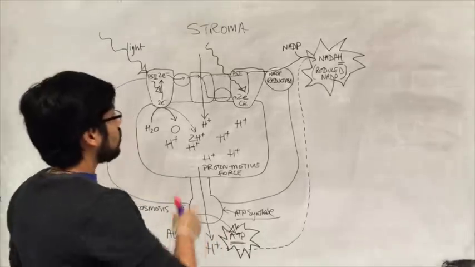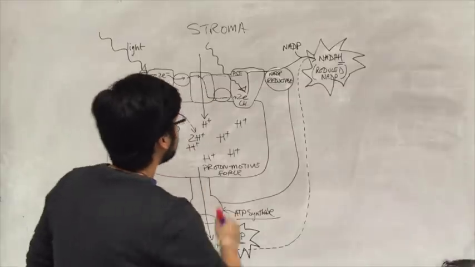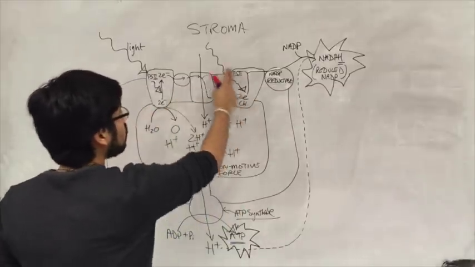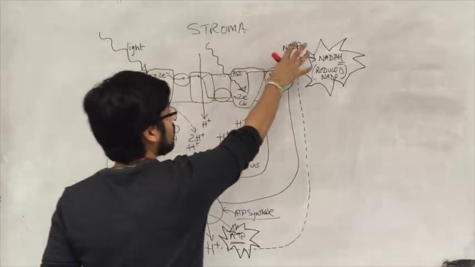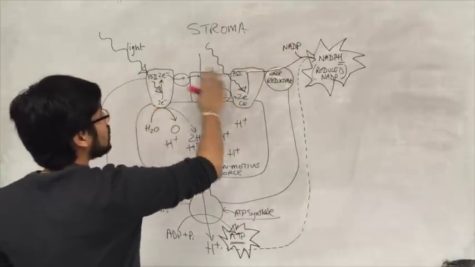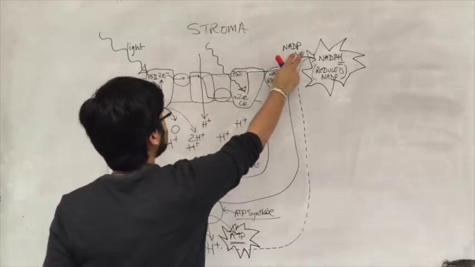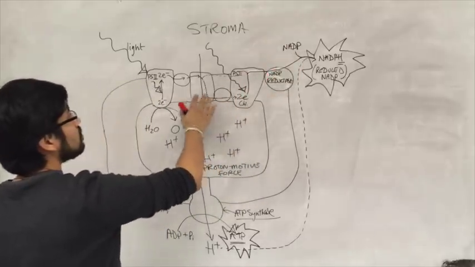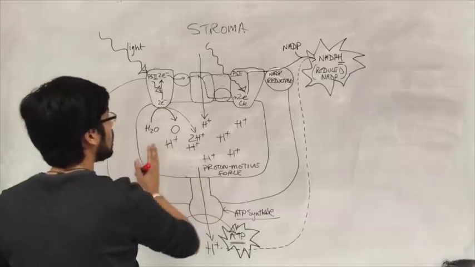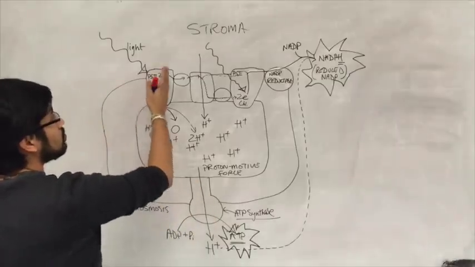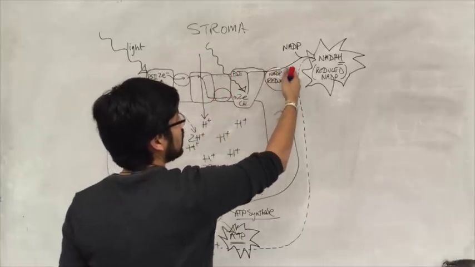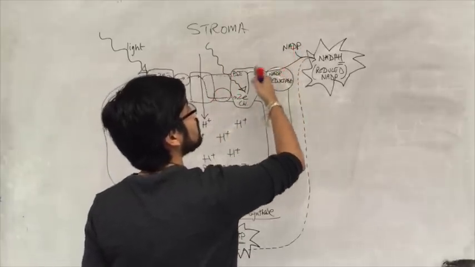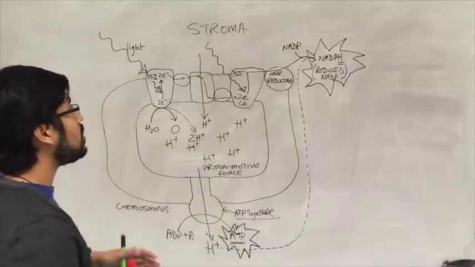In contrast, when we are not using this cyclic route for the electrons, i.e. when there is enough NADP, the electrons actually go to the NADP, and the flow of electrons is from photosystem 2 through the electron carriers to photosystem 1, through the NADP reductase, and to NADP.